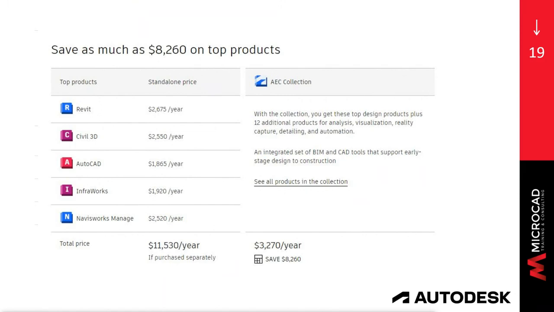So getting your licenses separately does not make sense. And then if I offset $3,270 in a year to 12 months, it comes out in my calculations to $273 a month for the whole collection, for everything, right?